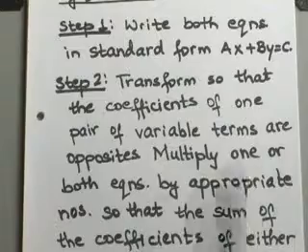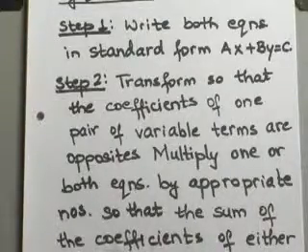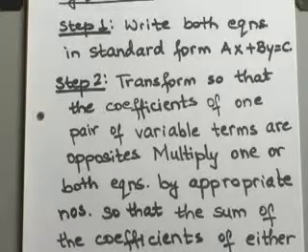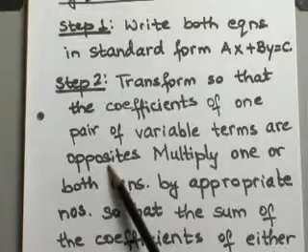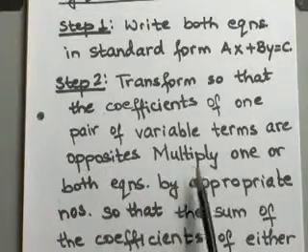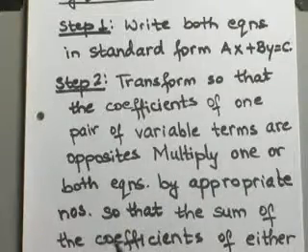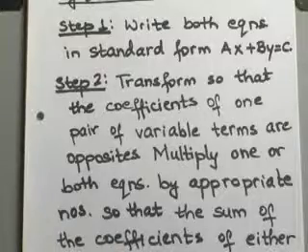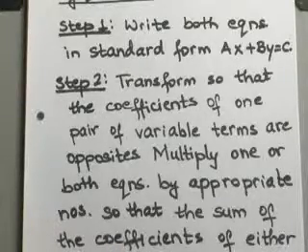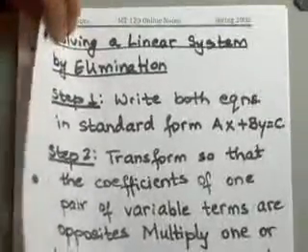So multiply one or both equations by appropriate numbers so that the sum of the coefficients of either the x or the y terms is 0. Okay, so you want the variable coefficients to be opposites, and you can do that by multiplying either one or both equations by the appropriate numbers so that when you add the two coefficients together, their sum is going to be 0. Okay, that's your second step involved in elimination.